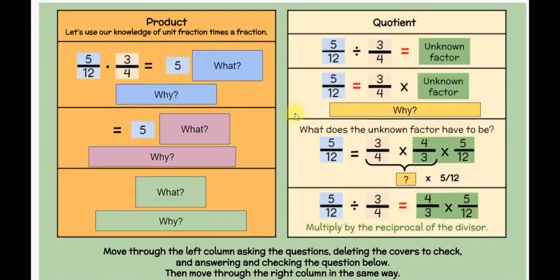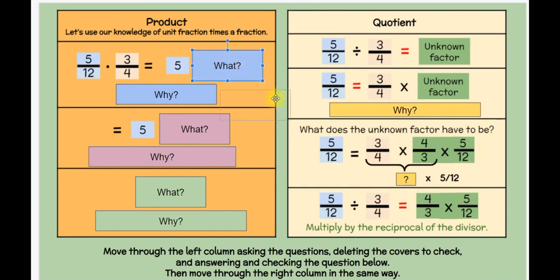Then when we get to this slide, we're rehearsing now and helping students commit to memory why we're doing various steps. The product side is using the knowledge of unit fractions times a fraction. So when we see 5/12 times 3/4, that's the same as 5 times what?